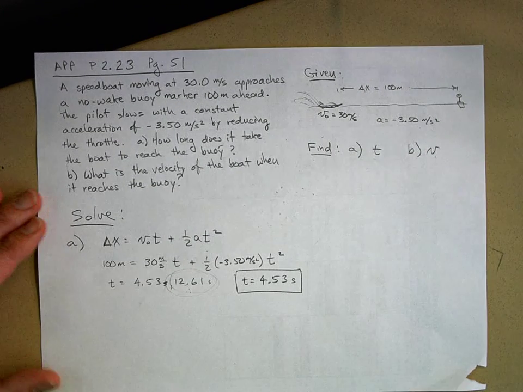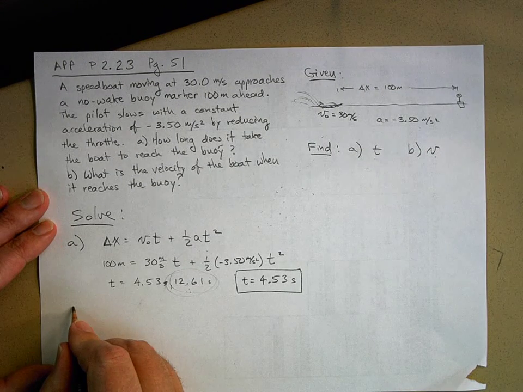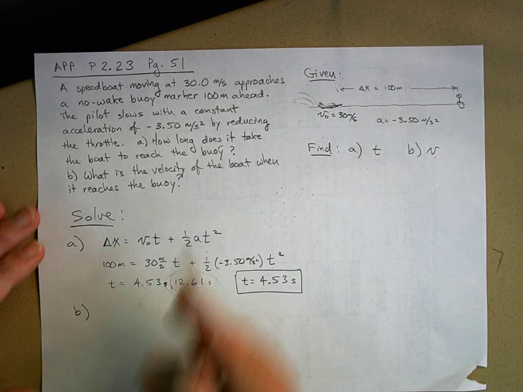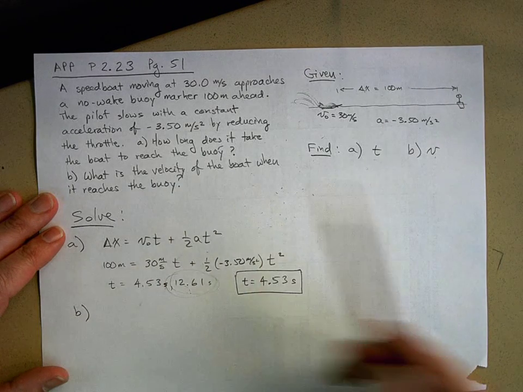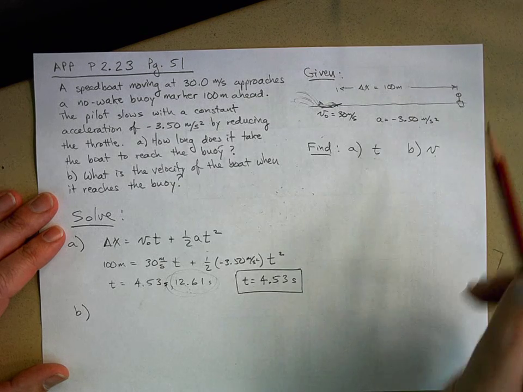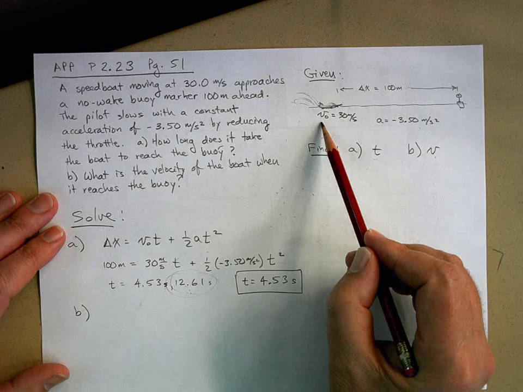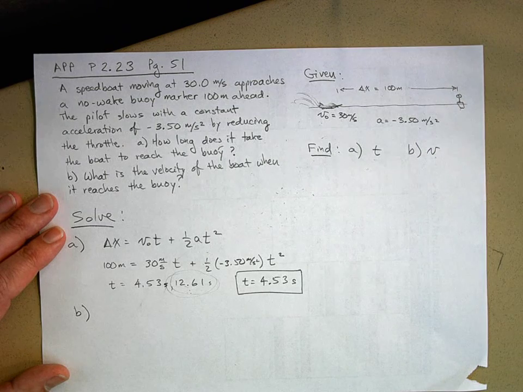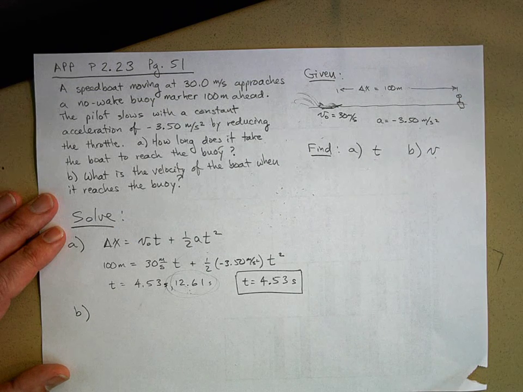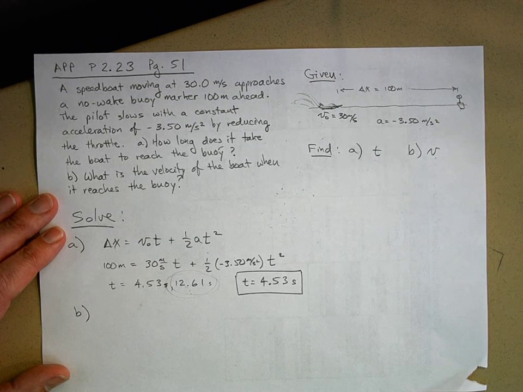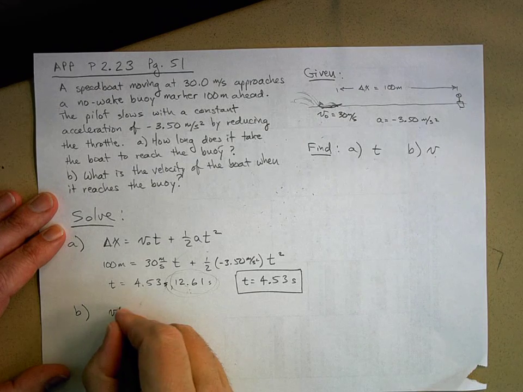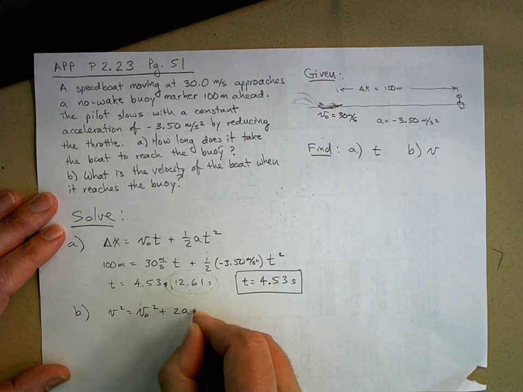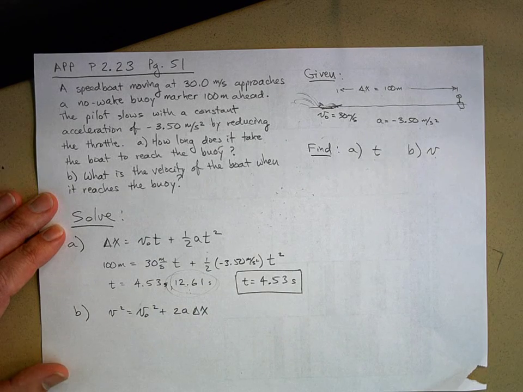Okay. And then part B. What is the velocity of the boat? We want final velocity. We know initial velocity. Now, we don't want to use time. So which one doesn't have time in it? That would be the fourth one, right? So v squared equals v naught squared plus 2a delta x.